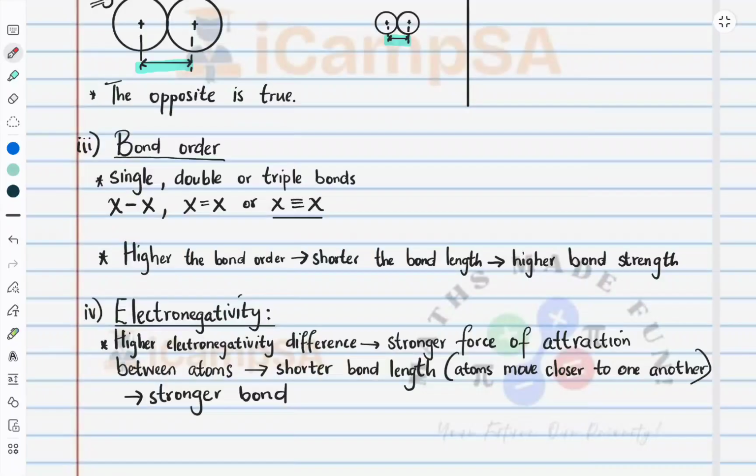And therefore when they form that bond, eventually they will be so close to one another that their bond length will be as minimal as possible, and as a result they usually have a shorter bond length and therefore a stronger bond or a higher bond strength.